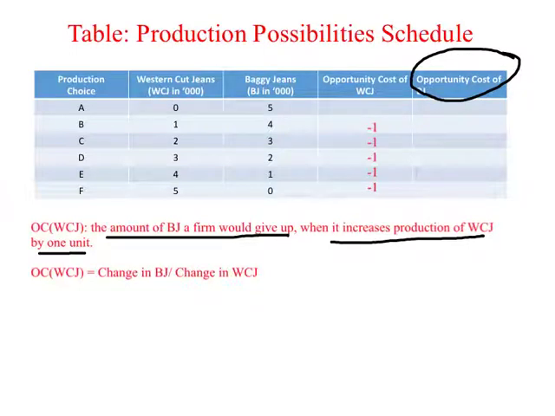So let me just type this out. Opportunity cost of baggy jeans, how would we define it? It will be the amount of the other good, which is Western cut jeans, a firm would give up when it increases production of baggy jeans by 1 unit.